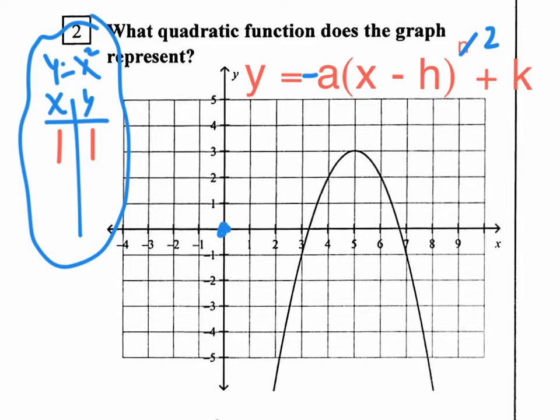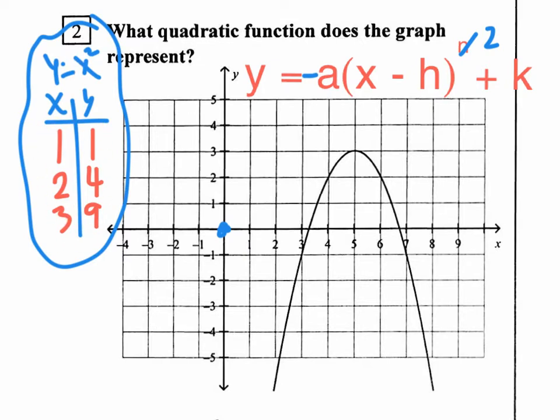Now, if I plug in 2 for x, I'll get 4 because 2 squared is 4. If I plug in 3 for x, I'll get 9. And ladies and gentlemen, this right here is the pattern for when your a value is 1. Your a value is 1 because there is no coefficient in front of x squared, so that means it's 1.